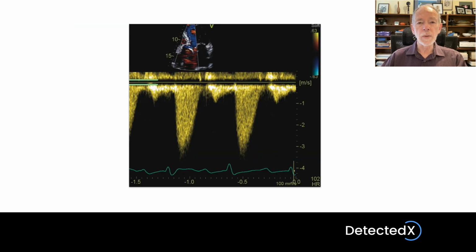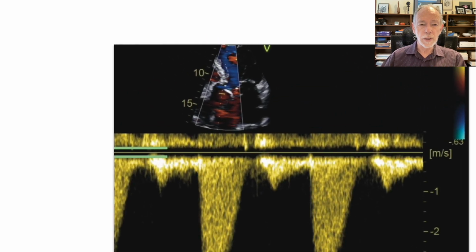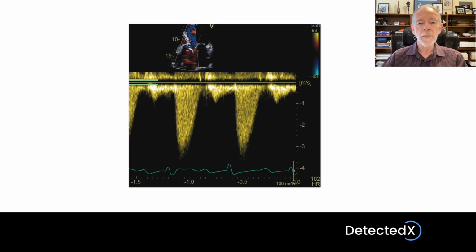Here we have an example of a continuous wave Doppler acquisition in the heart. On the top, you can see a typical sector image of the heart, and a portion of that is being displayed with color Doppler. The sample volume has been steered approximately down the center of that color box. There is a dotted line there which you may be able to see, indicating exactly where the sample volume is steered.